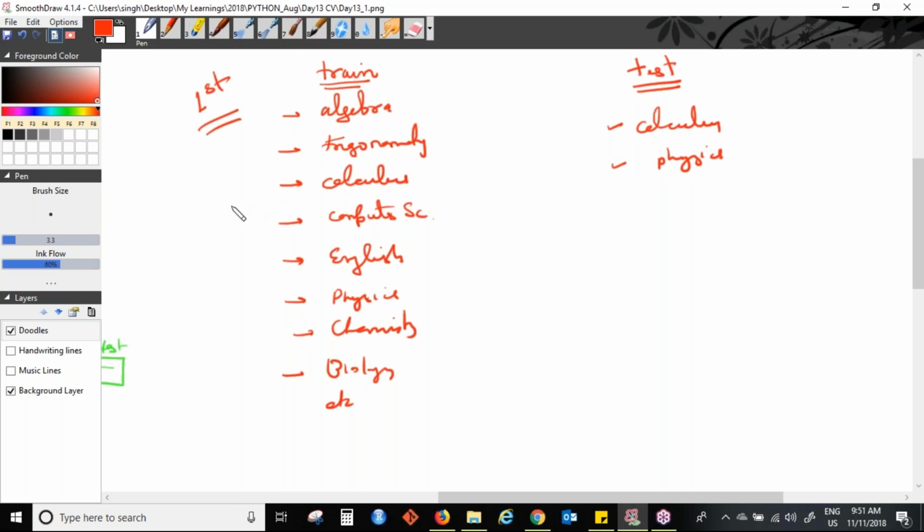You will focus more on calculus and physics, not computer science, because that is what is coming in the exam. This is what any person would do, right? If you already know that only calculus and physics is coming in the exam, why would you prepare for the other stuff? You will not.